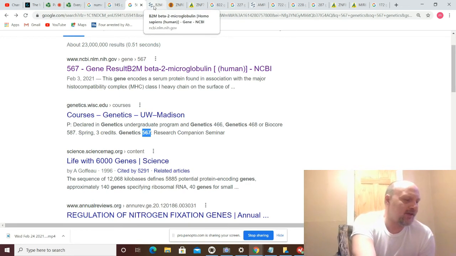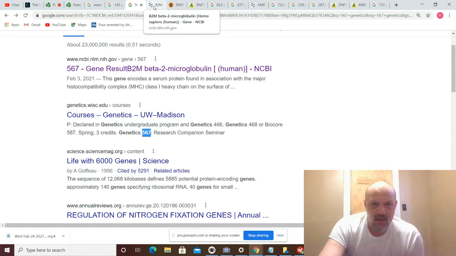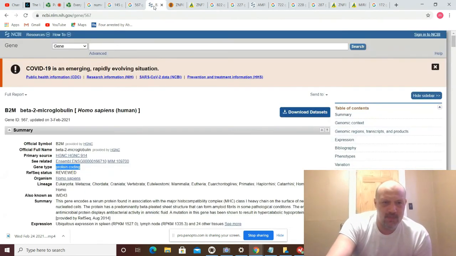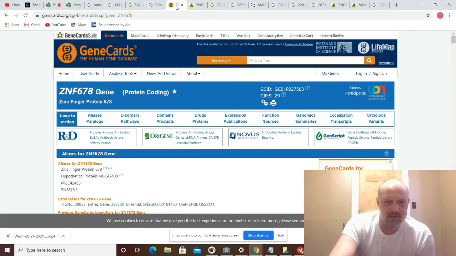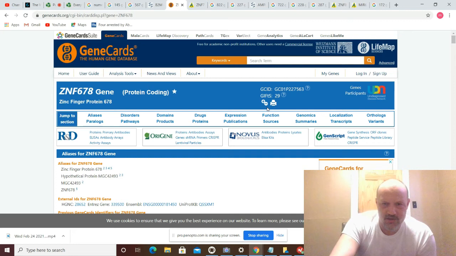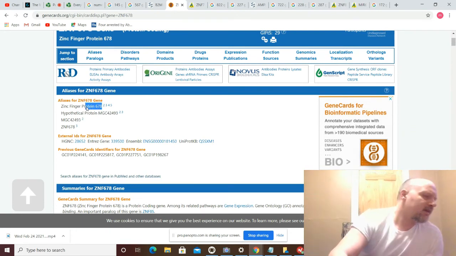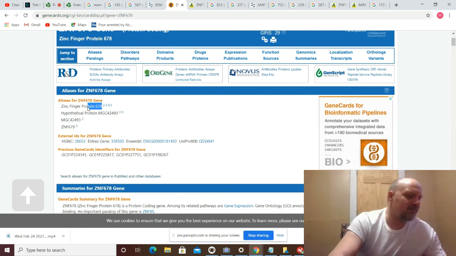But if you move on from that, you have 678, which ends up being ZNF 678 gene. And this is the one. And it's a protein coding gene. Zinc finger protein 678.